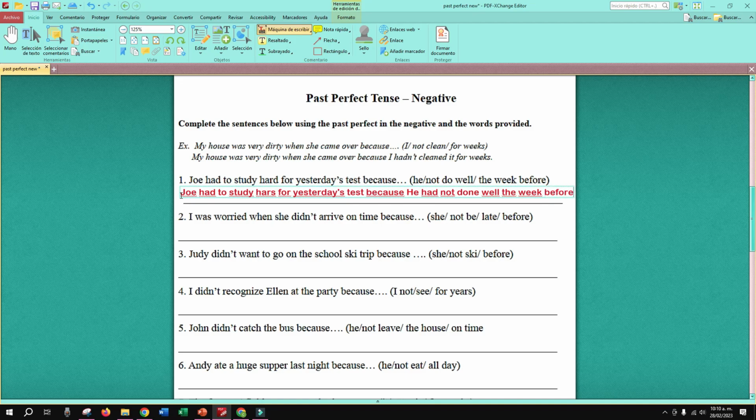Before. Sorry, Joe had to study hard. I made a mistake there. For yesterday's test because he, that would be a lowercase word, so he had not done well the week before. That would be that one, right?